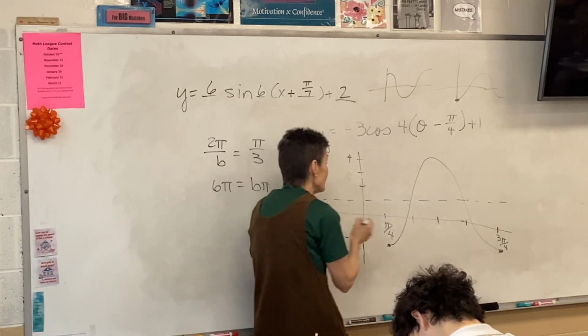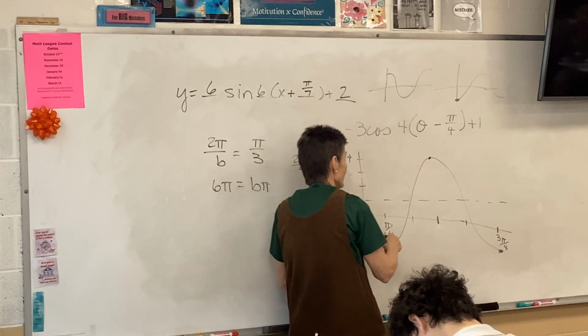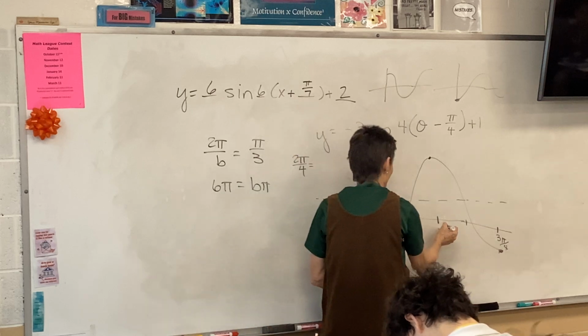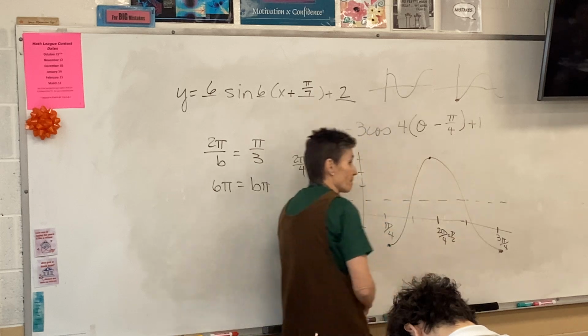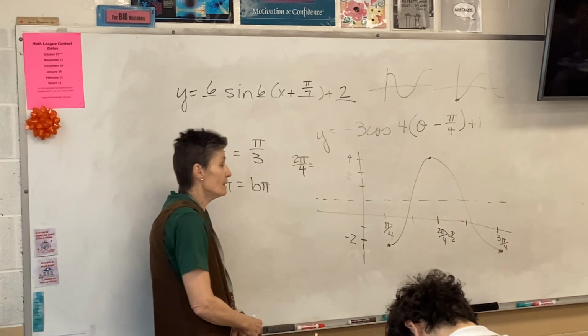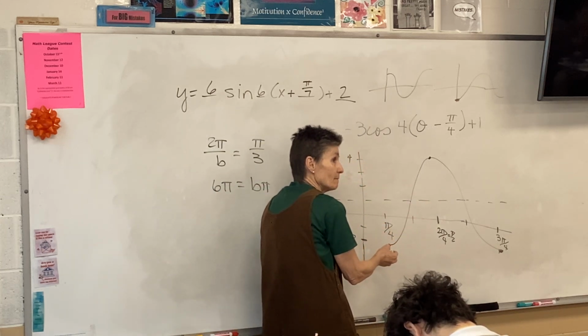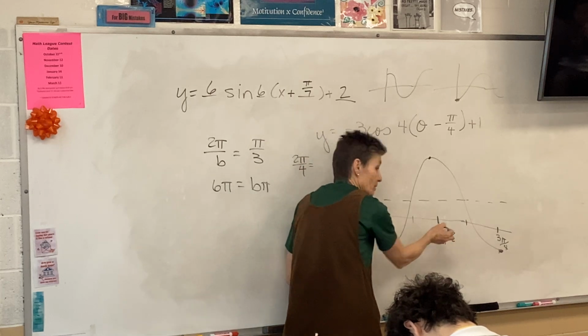And then right in the middle, which would be my maximum, what is in the middle of 1/4 and 3/4? 2/4 or 1/2. Might be easier for a minute to leave that 2/4 up there. Because now to find this point right here where I cross the midline, I need to find what's in the middle of 1/4 and 2/4.